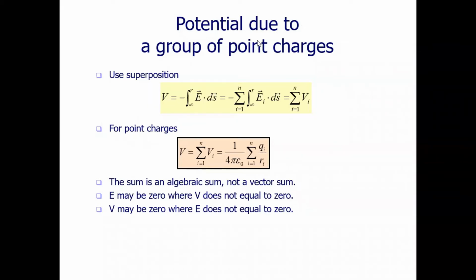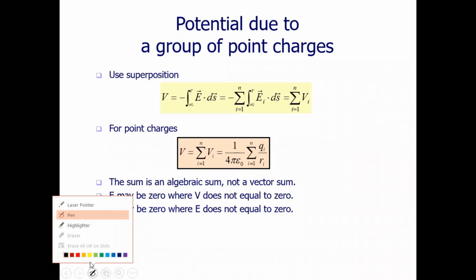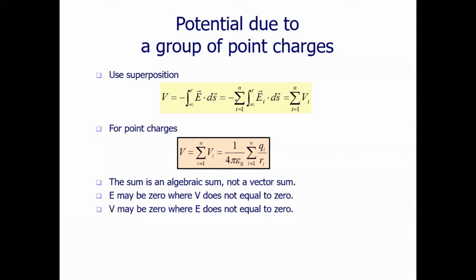So basically, let us say that you have the charges that look like this. I have this one as my first charge. I have this as my second charge. I have this as my third charge.